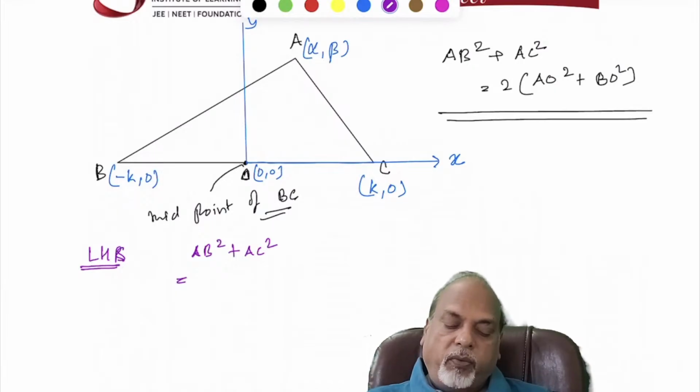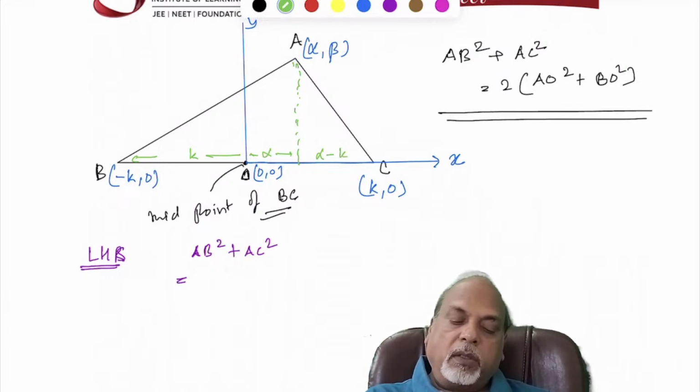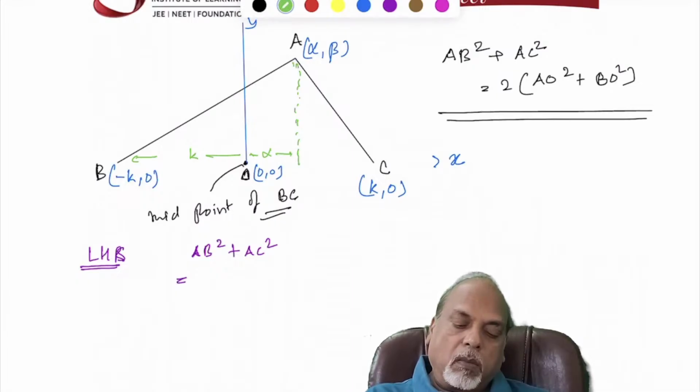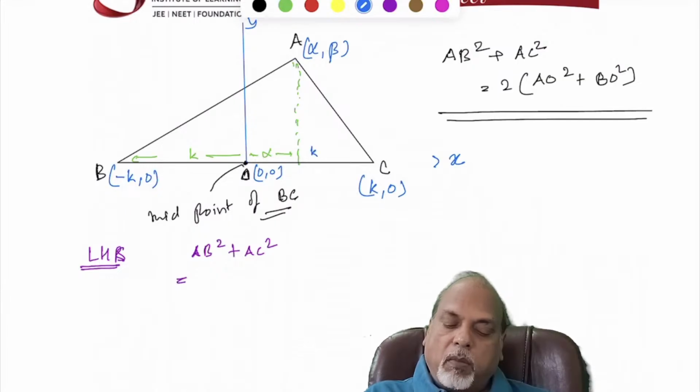AB, if you see, if you put a perpendicular here, then what is this? This is your alpha. Of course, this is your K. And what is this? This is your alpha minus K. Sorry, K minus alpha. This is your K minus alpha.